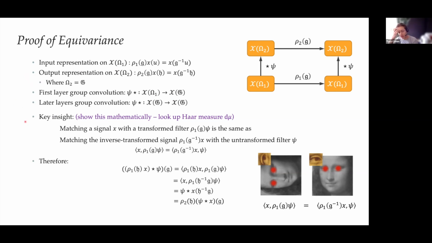The key insight is that matching a signal X with a transformed filter, as we do in the group convolution, is the same as matching the inverse transformed signal with the original filter psi. So that's given by this equation: X inner product rho 1 of G psi equals rho 1 of G inverse times X, with psi.